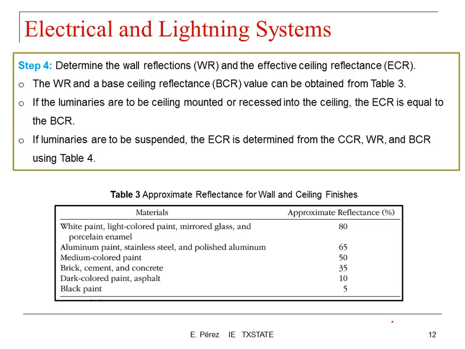If the luminaires are to be ceiling mounted or recessed in the ceiling, the ECR is equal to the BCR, which is what we compute on the second step. And if luminaires are to be suspended, the ECR is determined from the CCR, WR, and BCR using the next table.